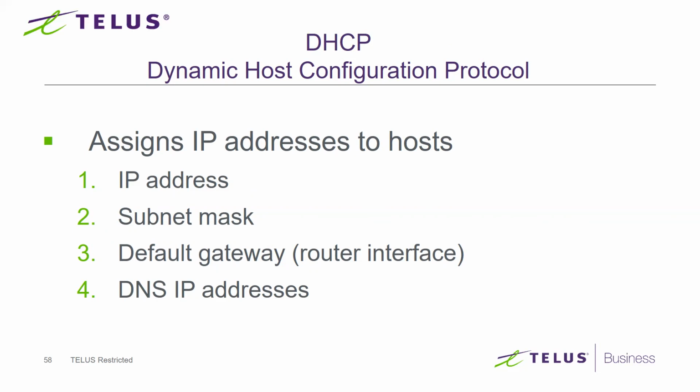My router will decide how to get there and how to get back. And it will also give me the IP addresses of my DNS servers. So those 4 things are the most important things that you'll see come back from a DHCP server. That is the minimum requirement to make a data connection.